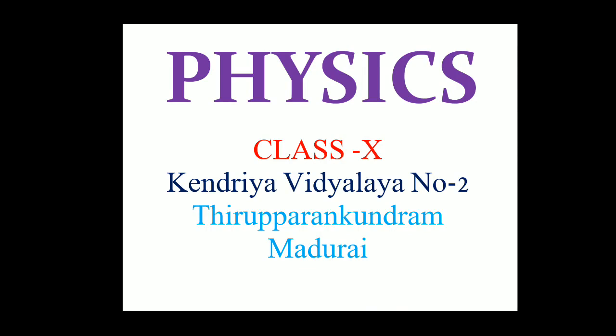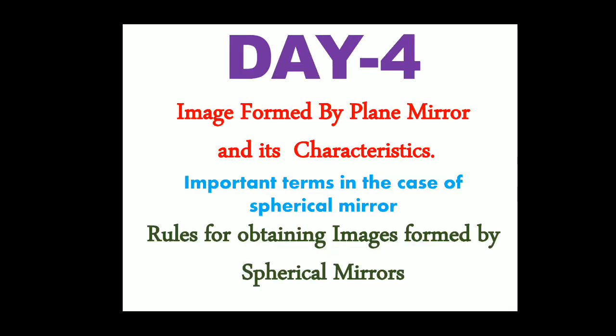In the previous class, we studied reflection of light and the types of images, basically the real image and virtual image, and how to differentiate them. In today's class, we are going to study the image formed by a plane mirror, and certain important terms in the case of a spherical mirror.